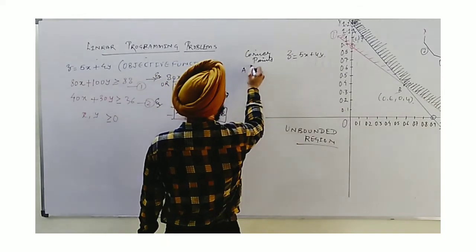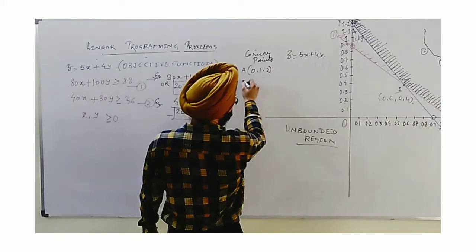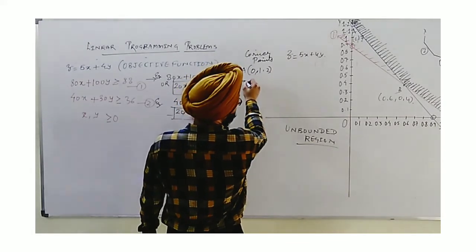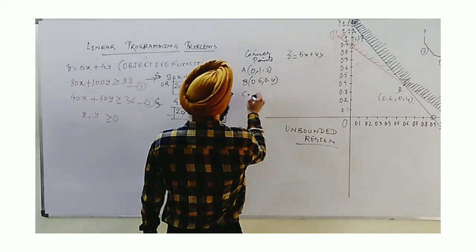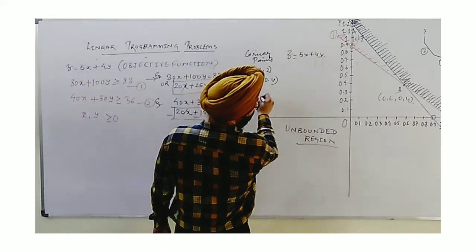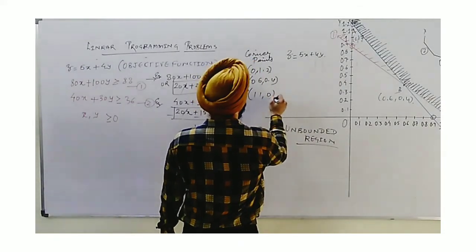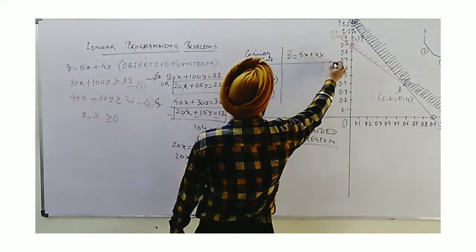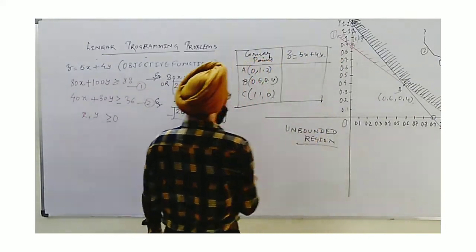The first one, A, as (0, 1.2). We get B as (0.6, 0.4). C we get as (1.1, 0).